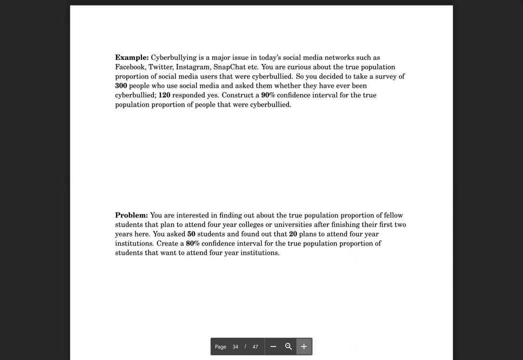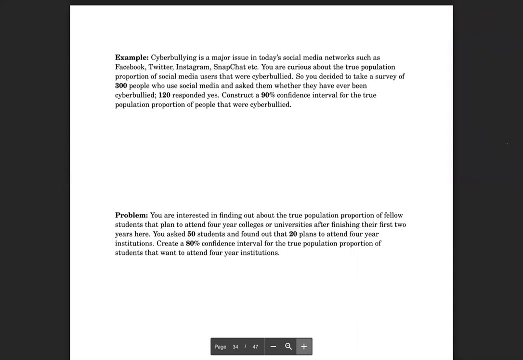Once you understand the confidence interval for a population proportion, you'll understand the confidence interval for a population mean and for a population standard deviation. You just need to understand one, because structurally all of them are the same. So once you get the hang of one of them, the rest will come together.